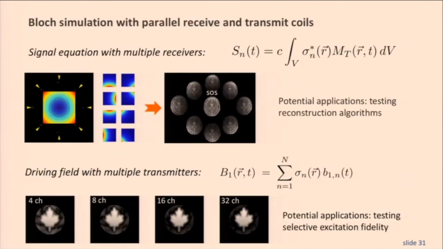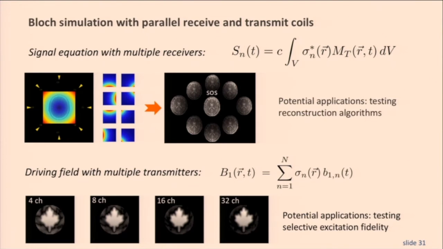So this is a simulation of multiple receivers in the top row. And that is interesting, especially, for example, for testing reconstruction algorithms with knowledge of the receive fields. The bottom row shows a two-dimensional selective excitation example with multiple transmitters.